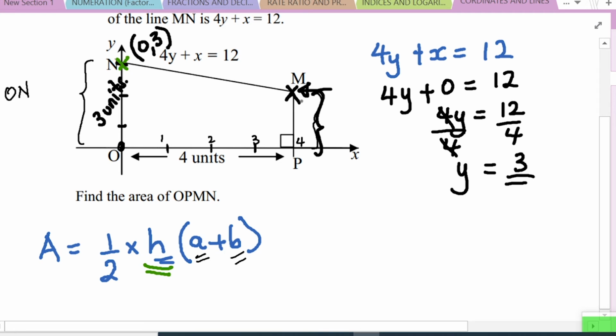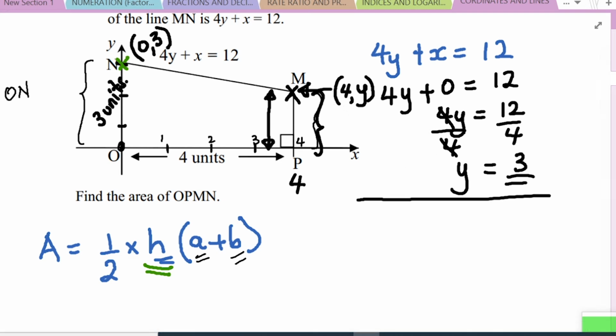At this point M, we know the value of x is 4, because remember this is 1, 2, 3, 4. So at that point, the value of x is 4, but we do not know the value of y at that point. And the value of y at this point gives us the length PM. So let's find the value of y.